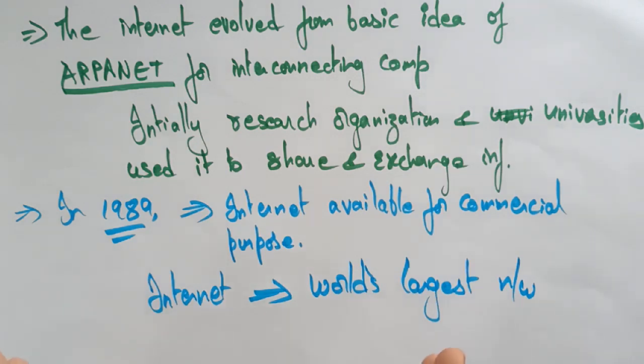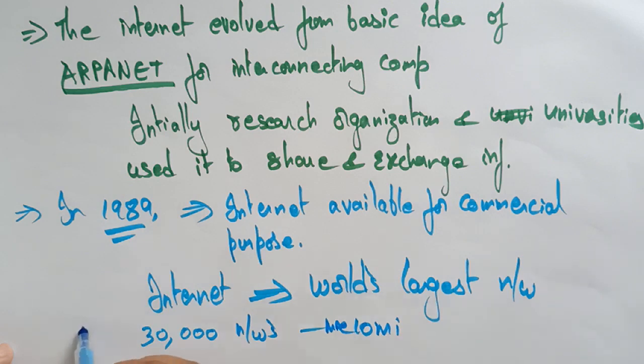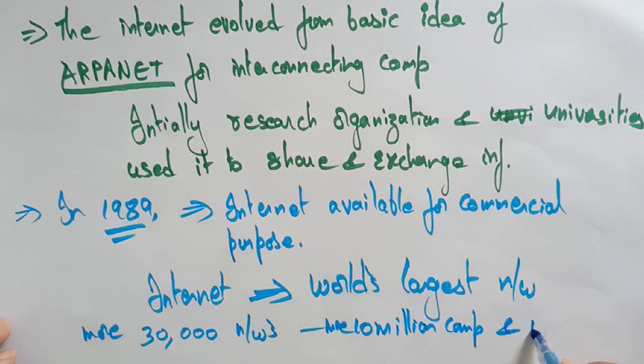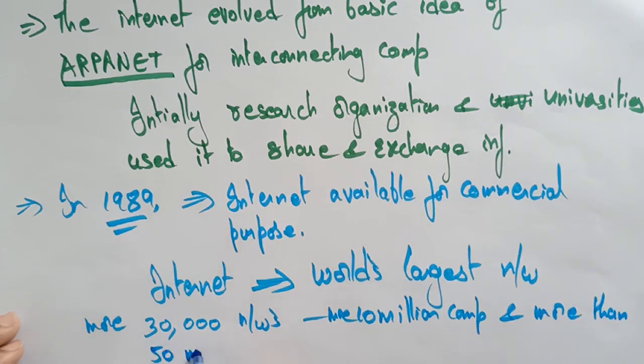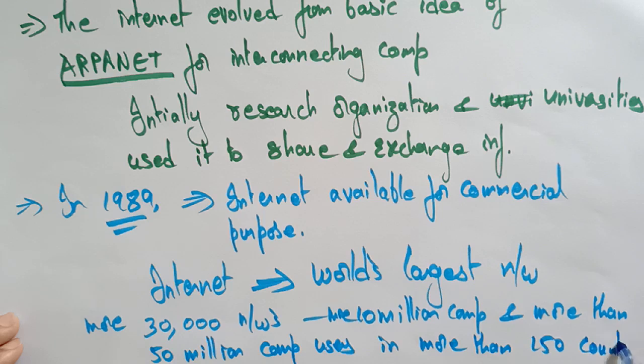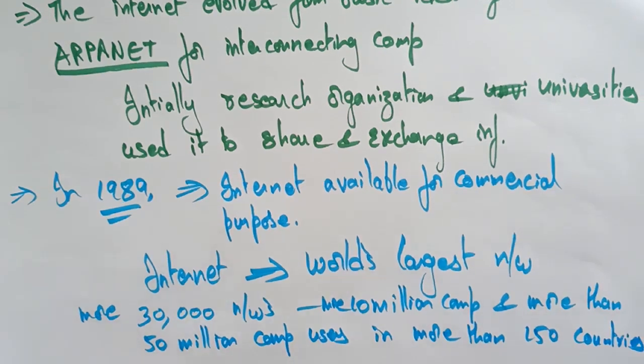From 1989 until now, the internet interconnects more than 30,000 networks, allowing more than 10 million computers and more than 50 million computer users in more than 150 countries around the world to communicate with each other.